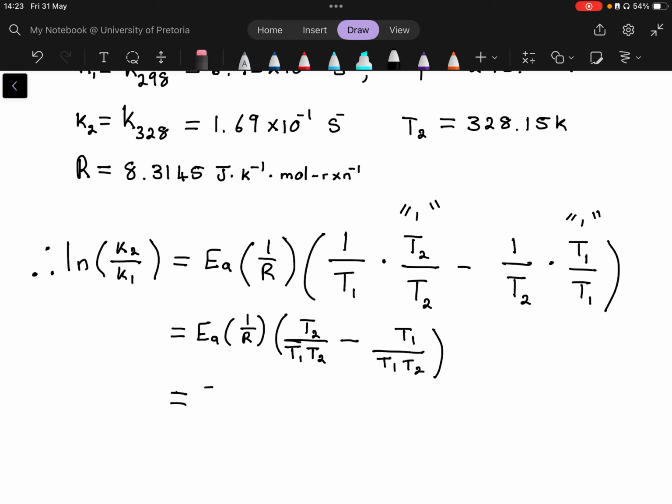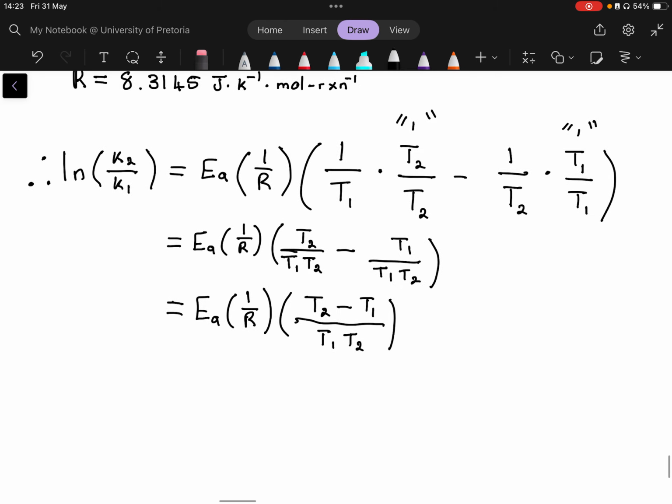Oops, maybe I shouldn't skip steps. That gives us EA 1 over R, and then we can put those together. So it gives us T2 minus T1 divided by the same thing. All right, we want to solve for EA. We can plug the R in there, so we eventually get EA multiplied by the big bracket T2 minus T1 divided by R T1 T2.